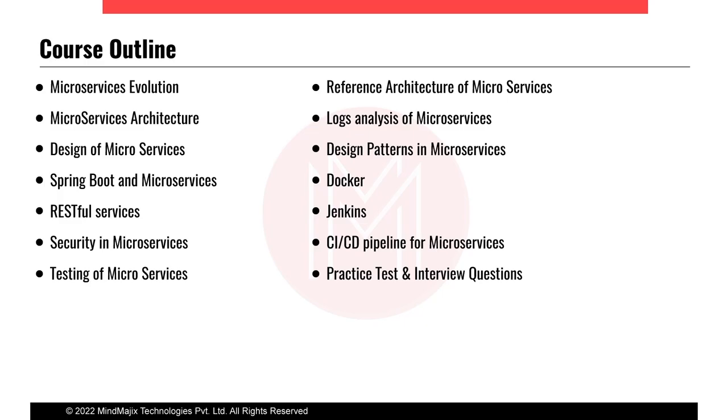Then Docker is a container where we store our services, and these are some advanced topics we'll be learning about. Jenkins is a CI/CD tool. We create our microservices and we need to deploy them to a cloud or somewhere else.